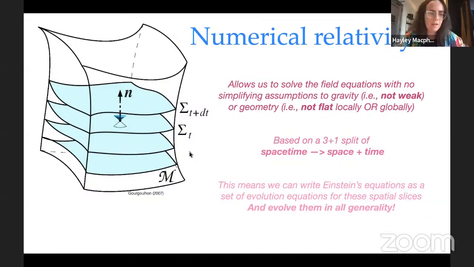So here we've got a 3-dimensional space-time being split into a series of 2-dimensional spatial surfaces and 1 dimension of time. And then using this kind of split, we can then project Einstein's equations into these spatial surfaces, and the equations then become a set of evolution equations for the metric and curvature describing these spatial surfaces. And that means that we can advance Einstein's equations in all generality.